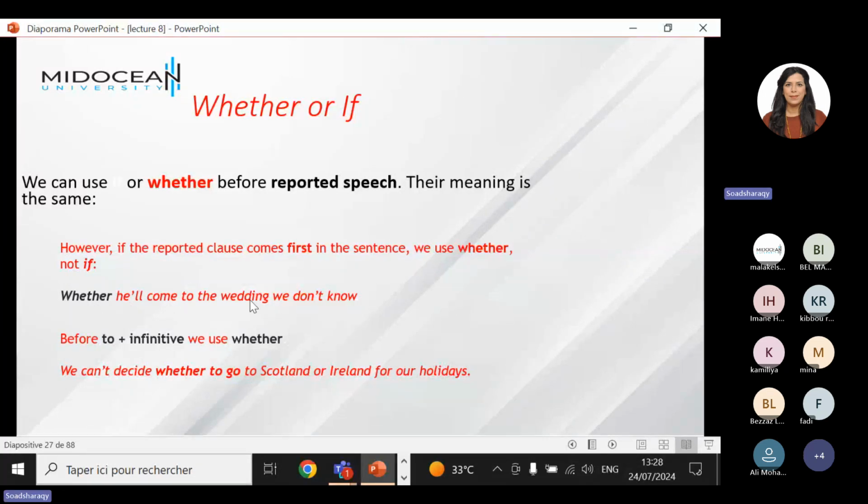Before to plus infinitive, we use whether. Example: we can't decide whether to go to Scotland or Ireland for our holidays.